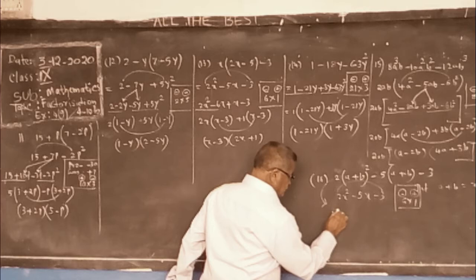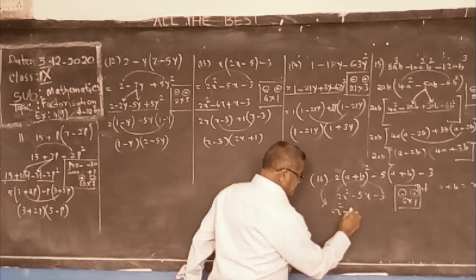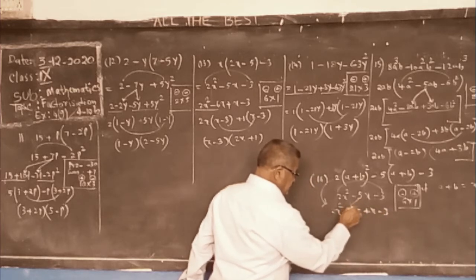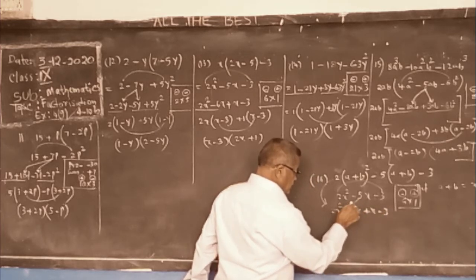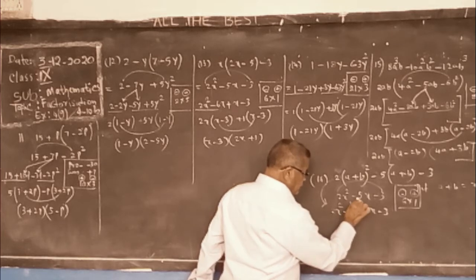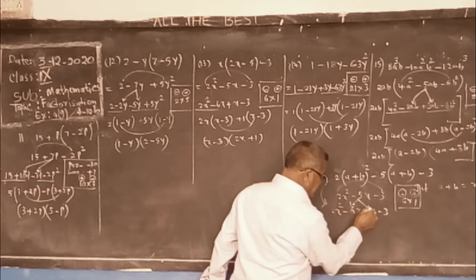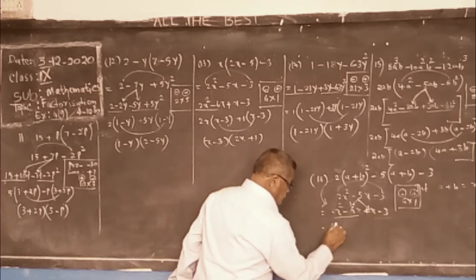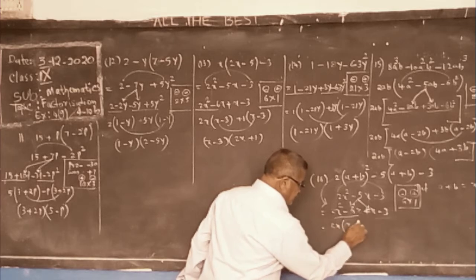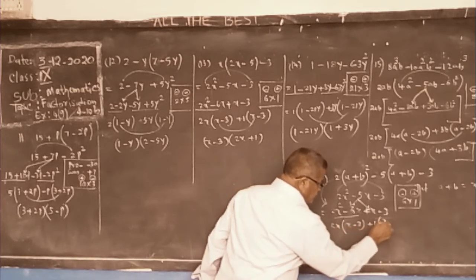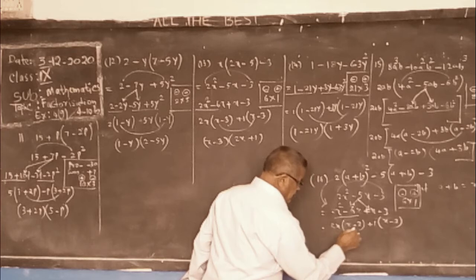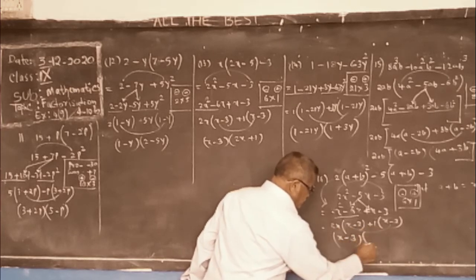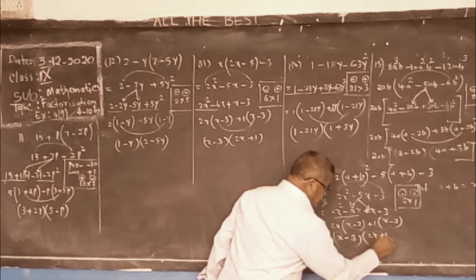So 2x squared minus 6x plus x minus 3. Split this 5x as minus 6x plus x. Taking 2x common: x minus 3. Taking 1 common: x minus 3. Again x minus 3 taking common, remaining 2x plus 1.